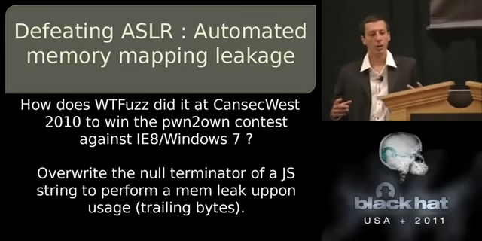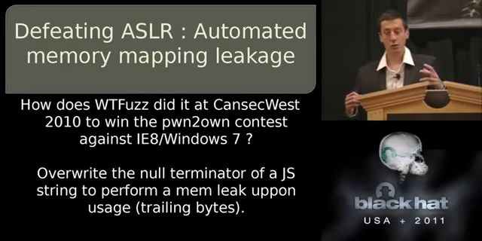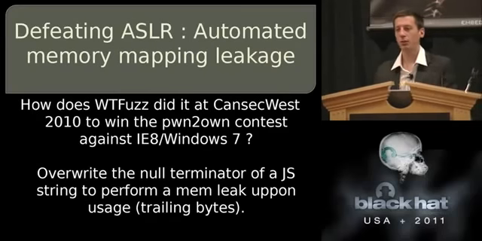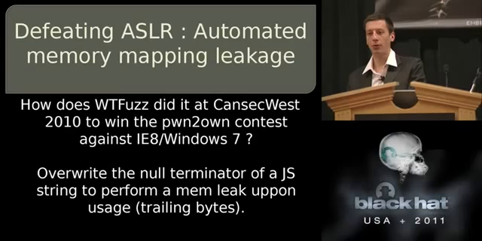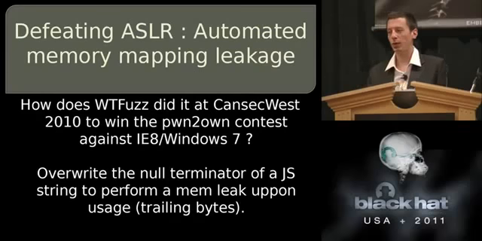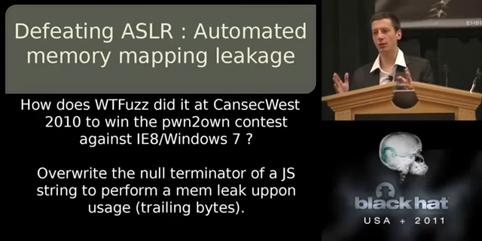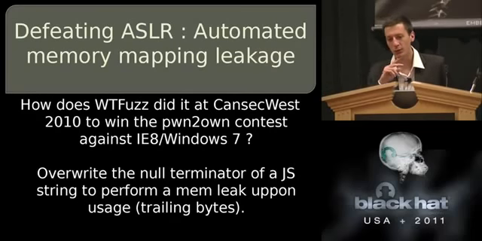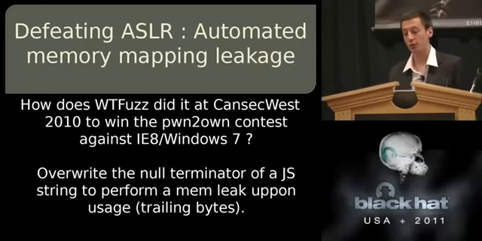How does it work? Basically, you have strings in JavaScript, they are null terminated, and if your overflow overwrites the null at the end of the string, when manipulating the string later on in JavaScript, you will be able to read more than the normal size of the string because you remove the null terminator of the string.